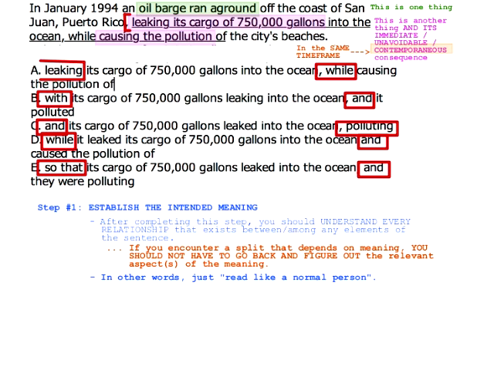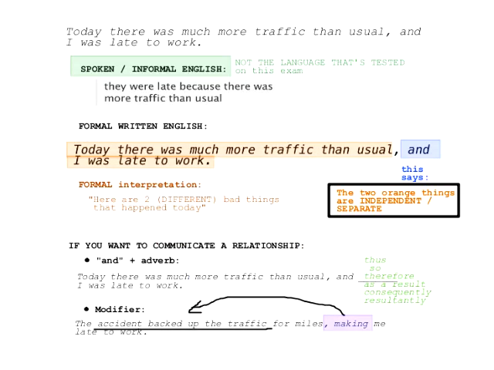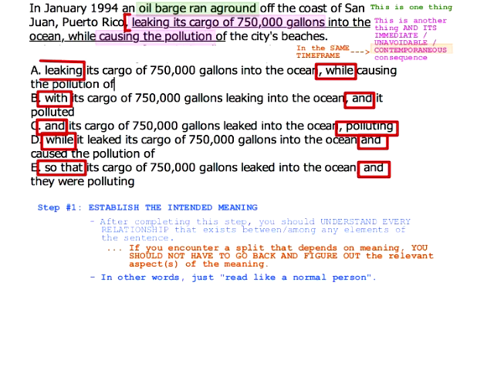Now remember what we had to say about and. If you're going to use and without qualifying adverbs like therefore or so or as a result or whatever, you should be signifying ultimately things that are different. They don't have to be totally independent. They just have to have separate existences from one another. So let's take a look at whether that's satisfied or not.